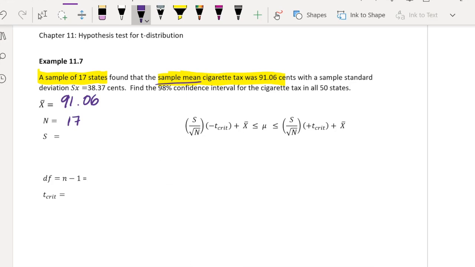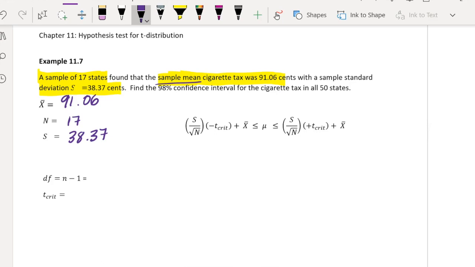Then I keep reading, and S is actually 38.37. So I changed some of the notation. That's why you sometimes see S of X, but it should just be S, unless it's S of sub X bar. That's actually representing the standard error.